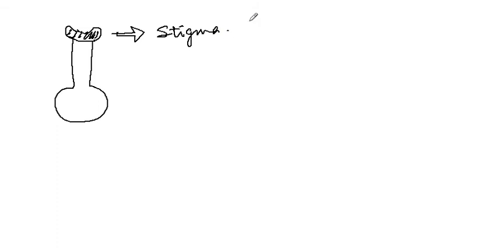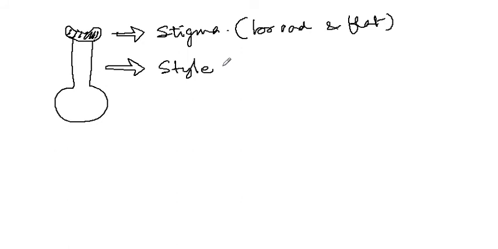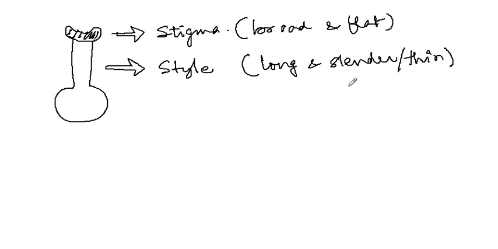The one which is long and slender is the style. Slender in other words would mean thin, so it's very thin and long. And the one which is swollen would be our ovary.